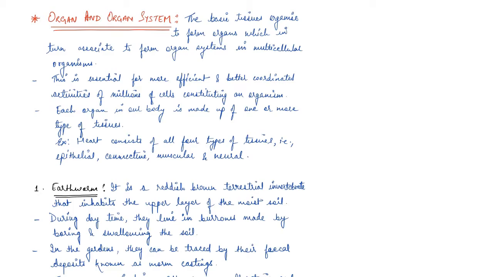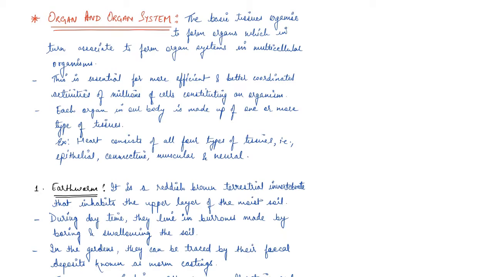What the earthworm does is keep on boring and swallowing the soil, right? It basically feeds on the organic matter which is present in the soil. So it keeps on eating soil, and it makes burrows for itself, and during daytime they live in those burrows, right?